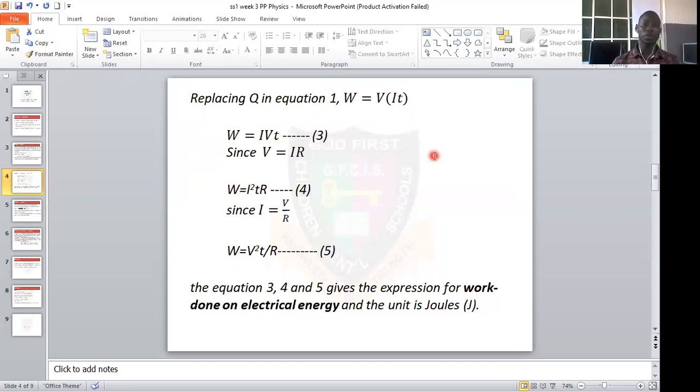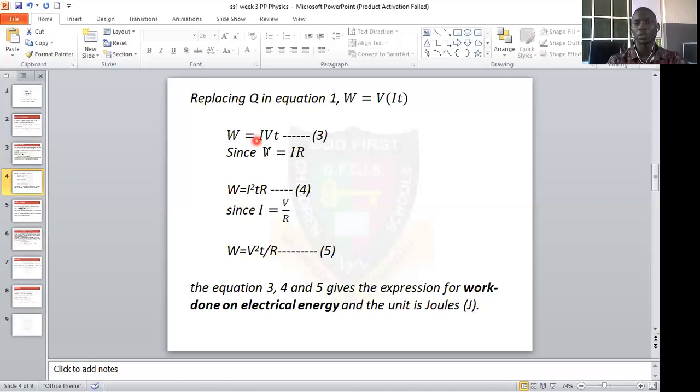You can be given questions whereby you are not given the potential difference and you have to calculate the work done, where the current is provided, the time is given, and the resistance is also provided. You recall from your Ohm's law that the current passing through a metallic conductor is directly proportional to the potential difference. So the expression for Ohm's law is V equals IR.